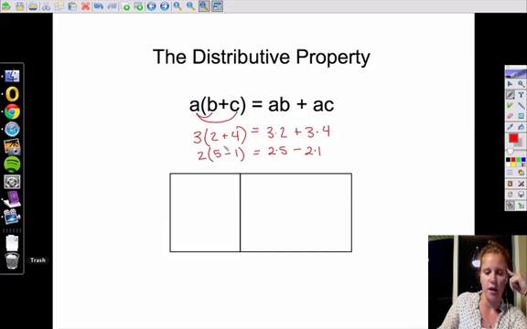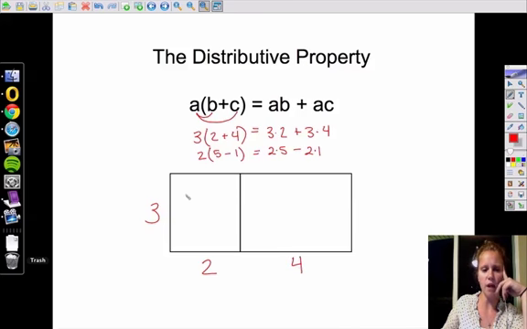Okay, and we're going to use this because we're going to be solving equations this week, and this is important for that. Okay, I have these two boxes here because sometimes it's nice to see a visual with this. If we think about this 3 times 2 plus 4, it's kind of like this. If we have two rectangles, and this is a 3 by 2 and a 3 by 4.